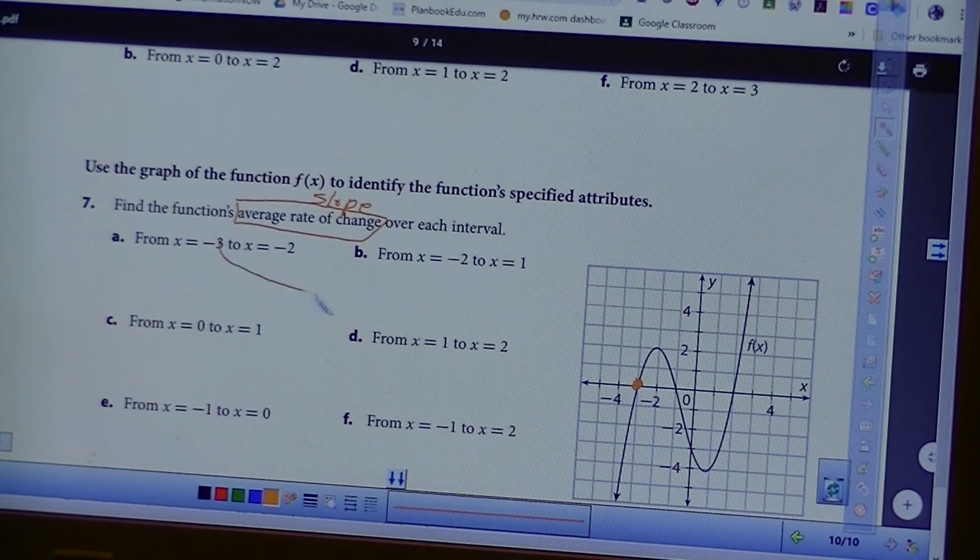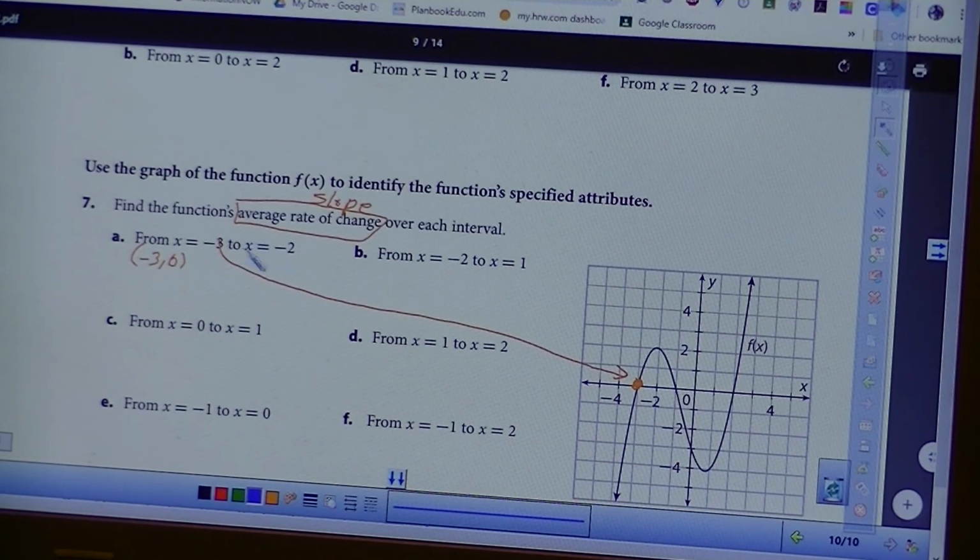So what's that point right there? Well, that's the point -3, 0. Even though they did not give me the y value, they gave me a picture so I could figure it out. And that will always be the case. They'll give you some way to figure out the other.